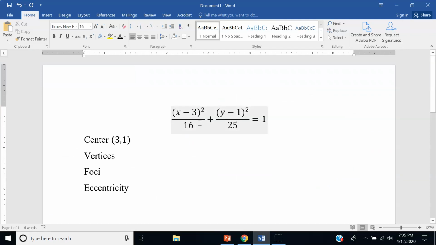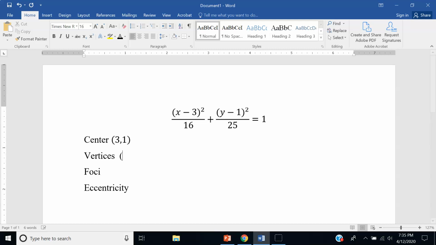So if we look at our equation here, we have a 25 under the y part, and that's the bigger of the two numbers, 16 under the x part. So what that means is we're going to have to go 4 units from the center in the x direction, both left and right, and then 5 units in the y direction, up and down, in order to get my vertices.